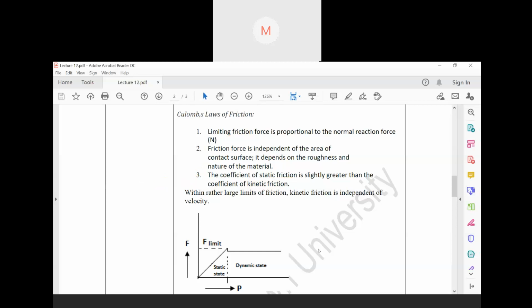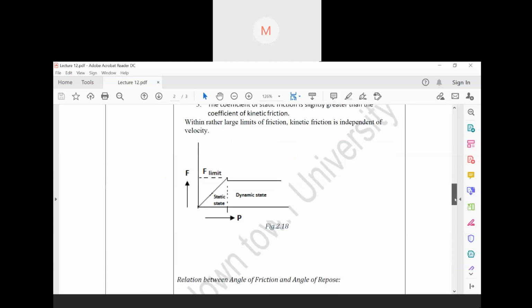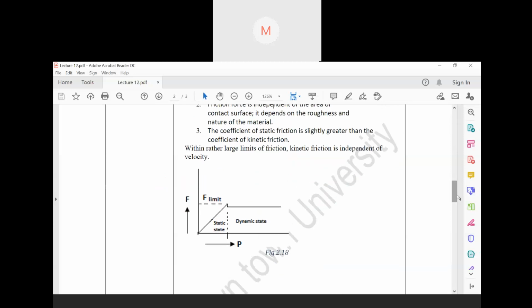Now this is an important graph. Here F is the frictional force and P is the applied force. Now what happens?